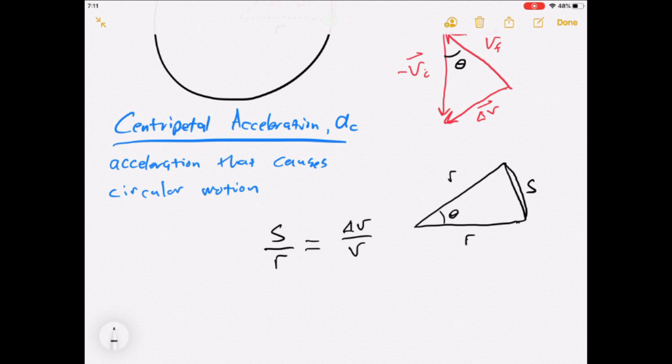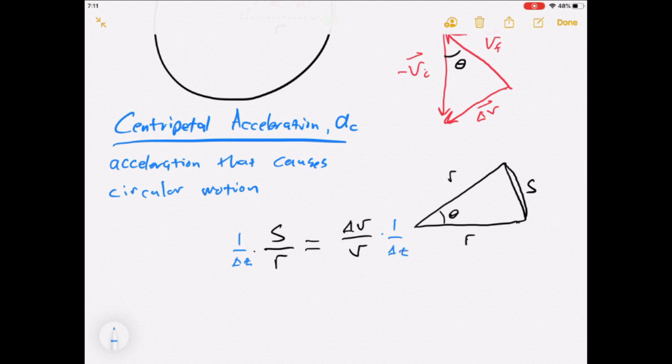And I'm going to write V, instead of V final or V initial, since they're both the same length, I'm just going to call them V. So this is a magnitude equation, so the distinction between final and initial doesn't matter. Okay, great. What if I multiply both sides by 1 over delta t?